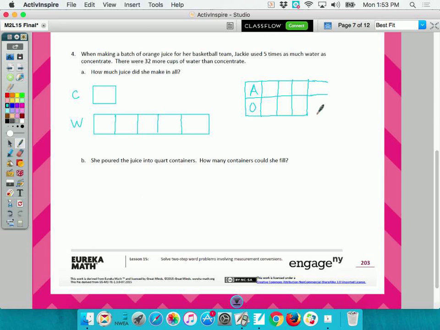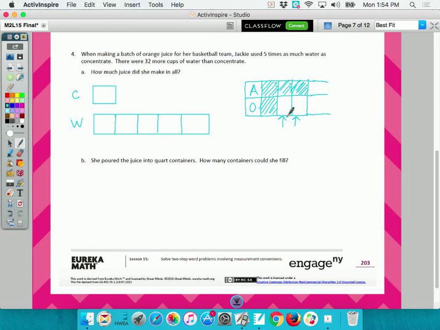And then you shaded, but only one child chose oranges. How many more chose apples? 2. We didn't do 3 minus 1, did we? We just looked at these empty spaces and said, okay, there's 2 more.